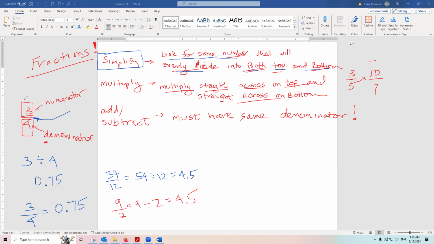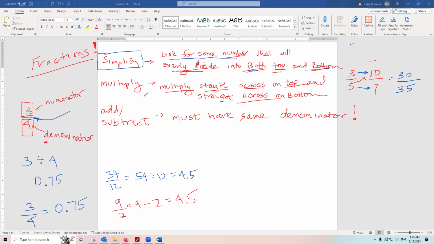Well, again, the rule is just multiply the numbers straight across top and bottom. So let me multiply 3 times 10 on top. That's 30. Let me multiply 5 times 7 on the bottom. That's 35. All right, but remember, you usually want to try to simplify fractions. So let me look for some number that would evenly divide into both the top and the bottom.